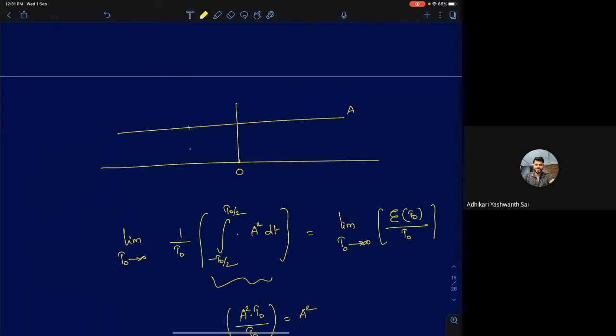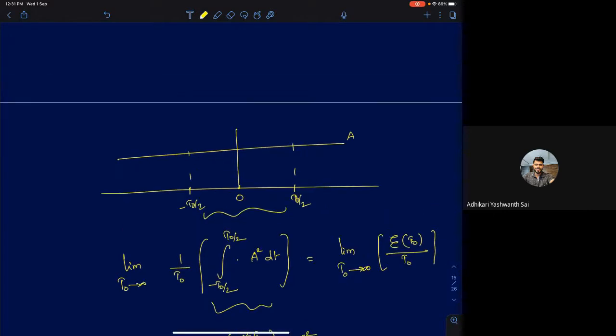Now, if I define an interval of integration, say minus t naught by 2 to plus t naught by 2, and compute its energy in this interval, what am I going to get? I am going to get A square into t naught. If you integrate this in this interval, you will simply get A square into t naught. So now you can immediately see its energy is proportional to the interval of integration.